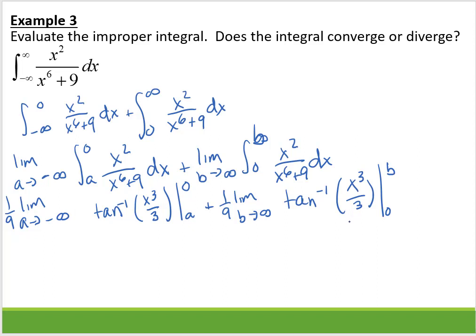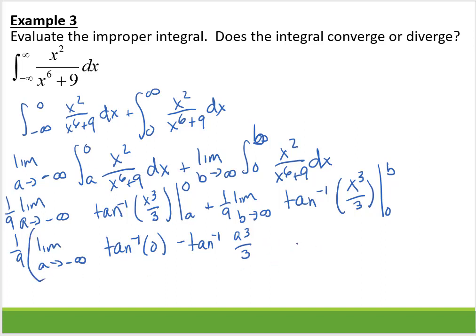Okay, so now from here, I have 1/9, the limit as a goes to negative infinity, of the inverse tangent of 0 minus the inverse tangent of a to the third over 3.